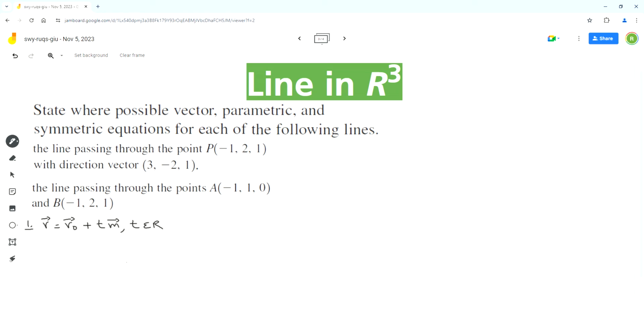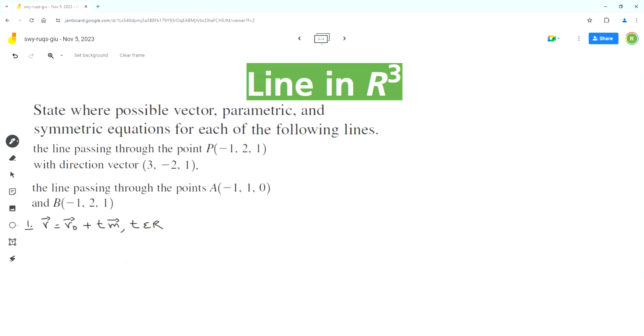In this general equation, vector r represents the position vector of an unknown point that lies on the line. Vector r0 represents the position vector of a known point that lies on the line. T is the parameter, which can be any real number. Vector m is the direction vector of the line.